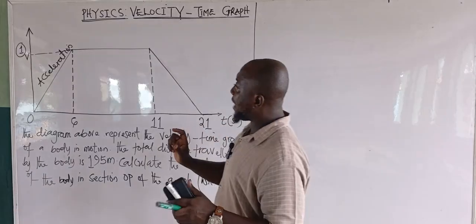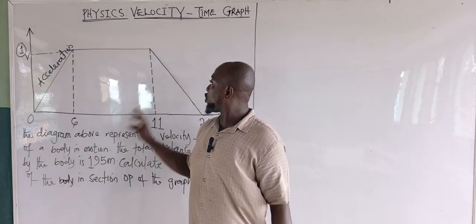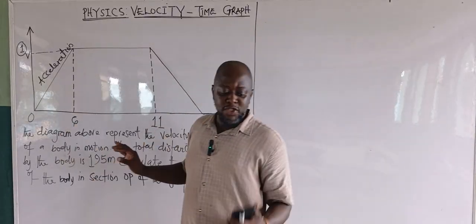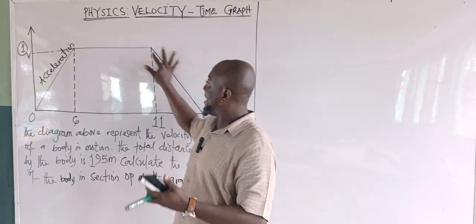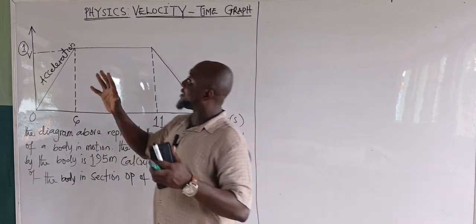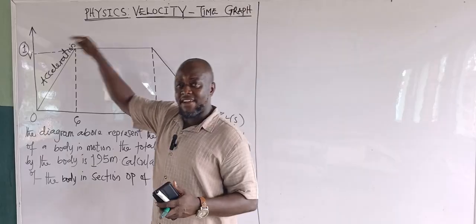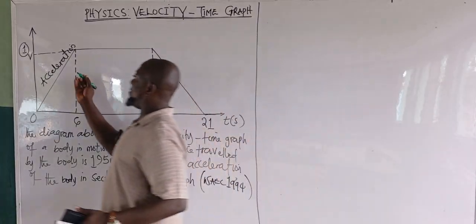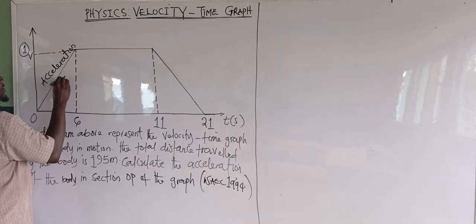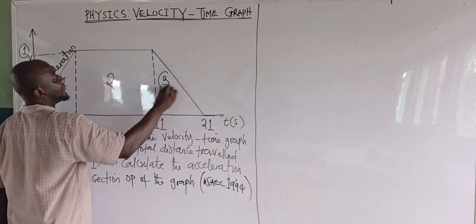So before we get our V, what do we do? First, bear in mind that we are given the total distance of everything here. Because we are given the total distance, we are going to take this calculation one after the other for us to find V. So first, let's label it: the first diagram is 1, second diagram is 2, third diagram is 3.